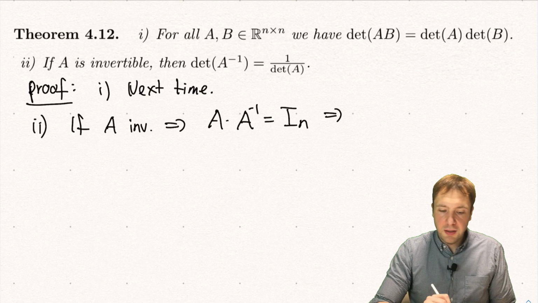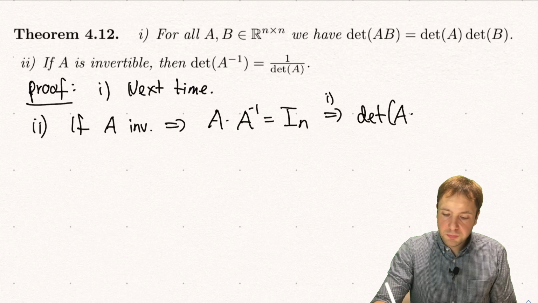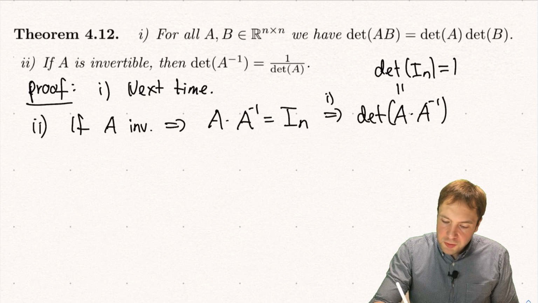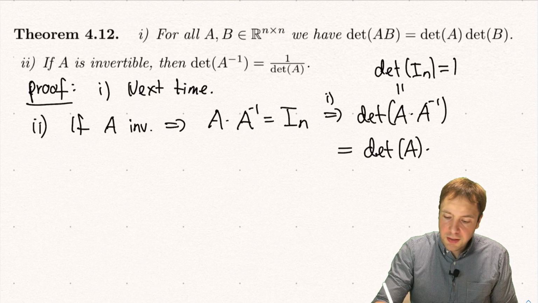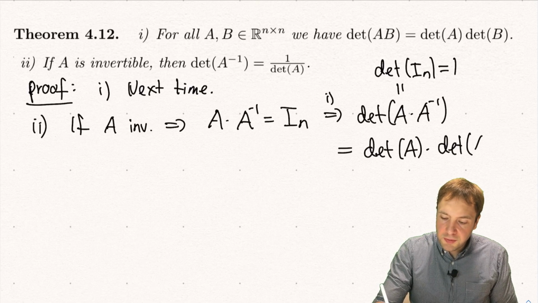But then by number 1, the determinant of this product, well, this is the determinant of the identity matrix, which is 1, but this should be the same as the product of the determinant of A times the determinant of A inverse.